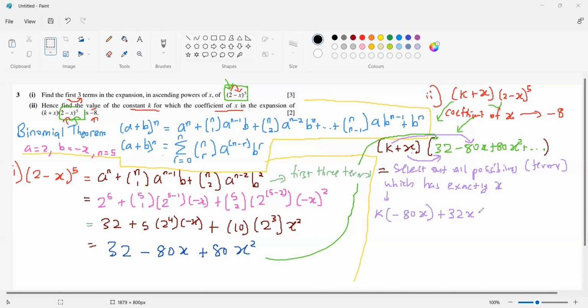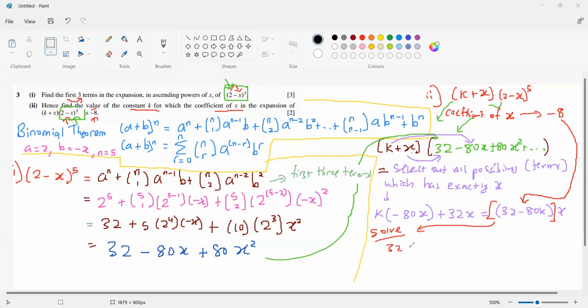The only way to get exactly the power of x are these two terms, from which we now factorize. We'll rewrite this as 32 minus 80k, with an x. But since only the coefficient is given, we only talk about the front part, ignoring the x, meaning we now equate that and solve.